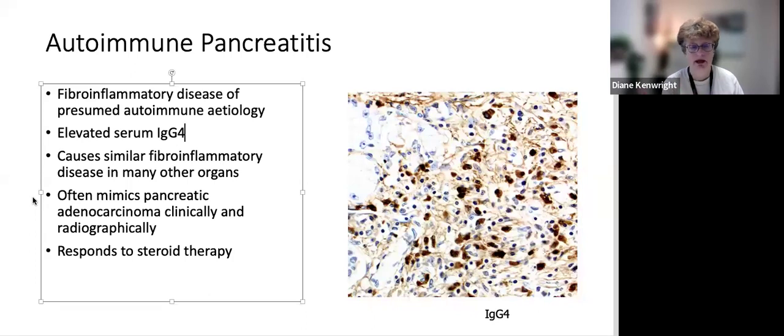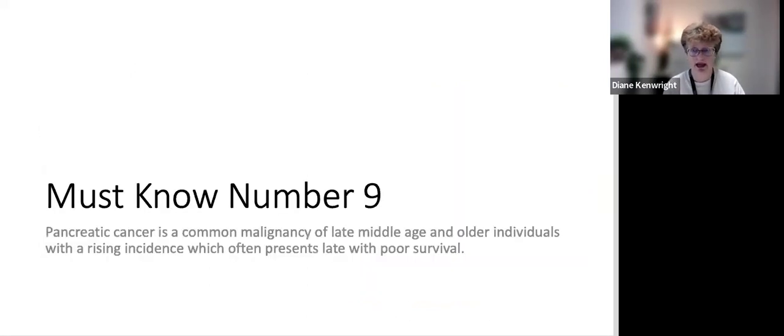It can often mimic pancreatic adenocarcinoma because it just causes this big fibrotic lump, which is kind of what cancers look like. But it does respond to steroid therapy. So it's really important to diagnose because this is treatable, unlike pancreatic cancer.